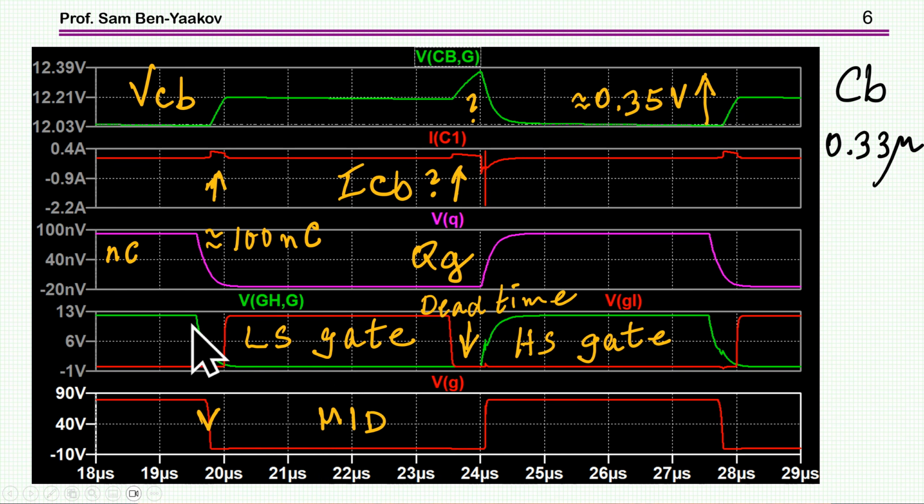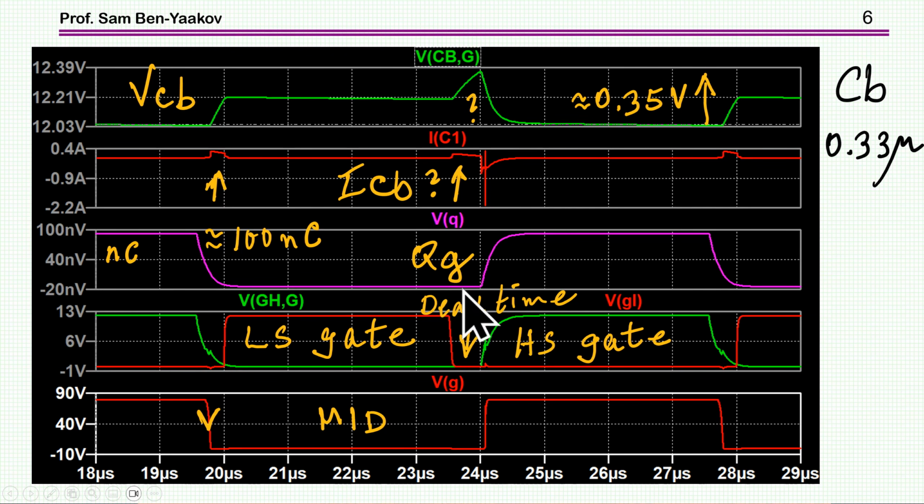And this is because the high side is going down and the low side going up. This is during the low potential of the midpoint. And then, of course, it reverses. We have some dead time here, so that we first turn off the low side and then we turn on the high side. And this is to avoid the shoot through, of course.